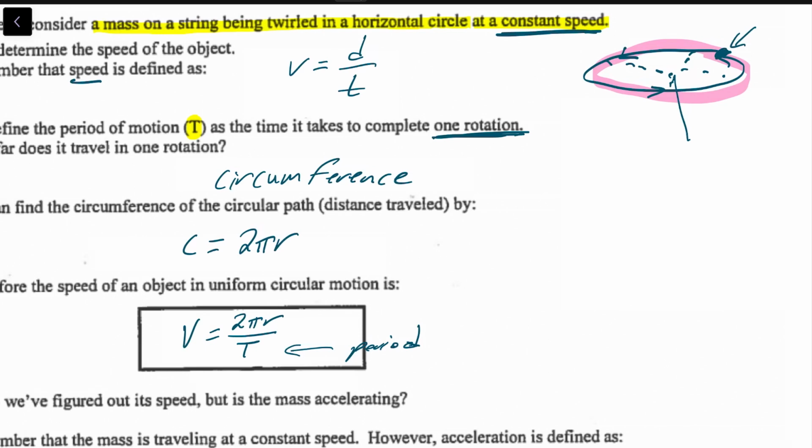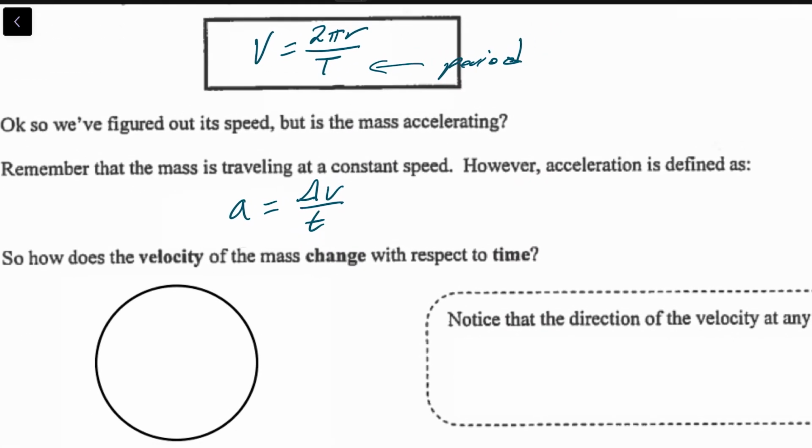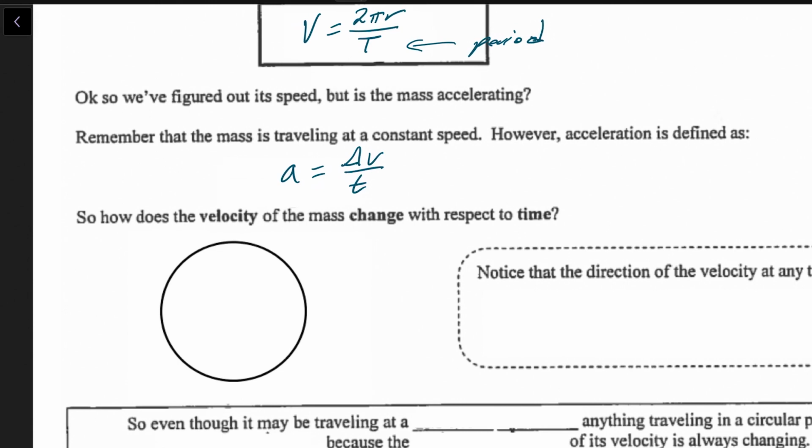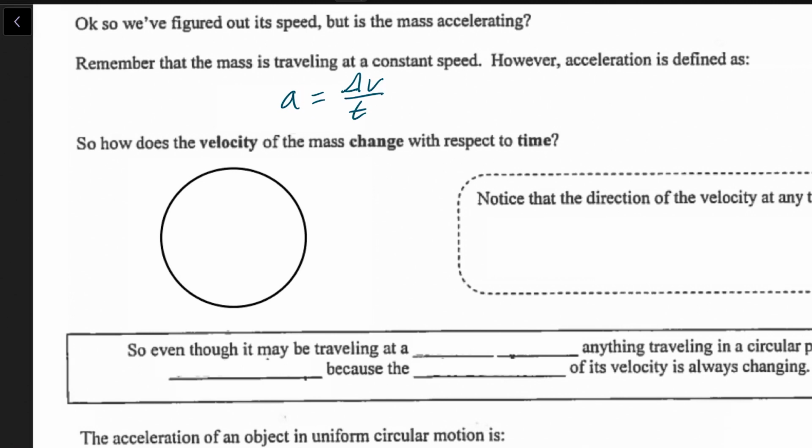The obvious answer is no. Because there's a change in direction, there must be an acceleration to cause that change in direction. So acceleration is definitely happening, because even though the magnitude of the velocity is not changing, the direction of the velocity is changing.